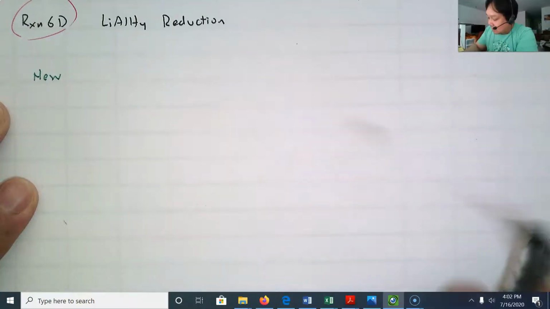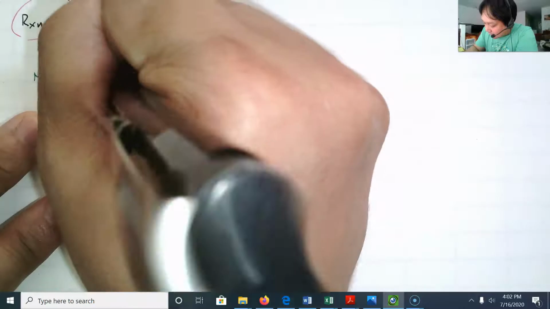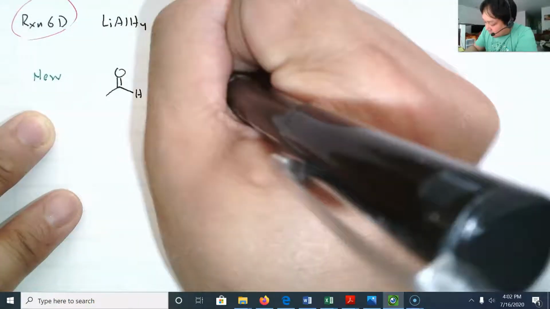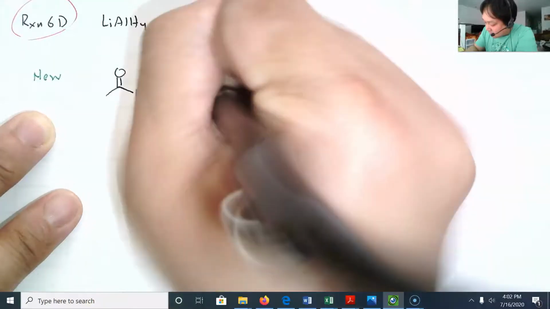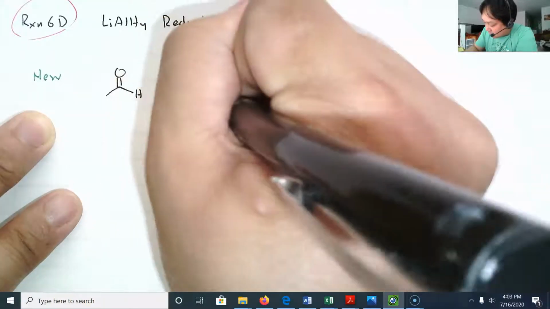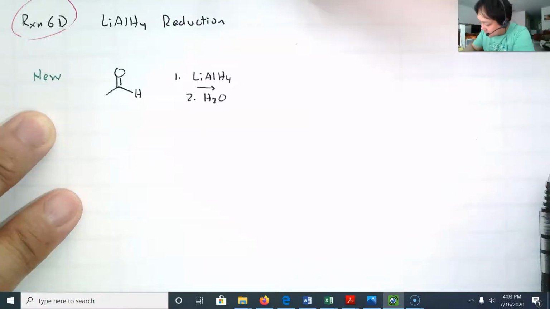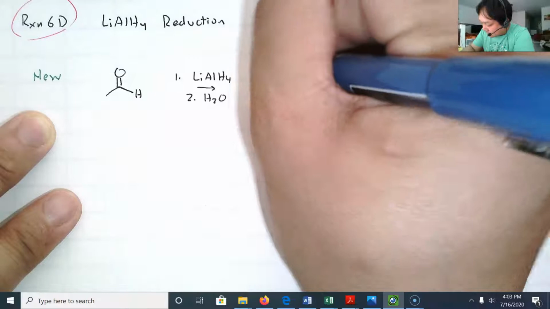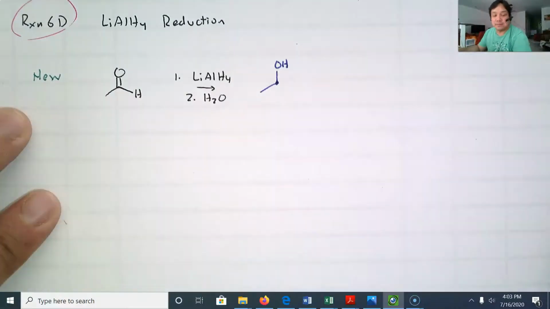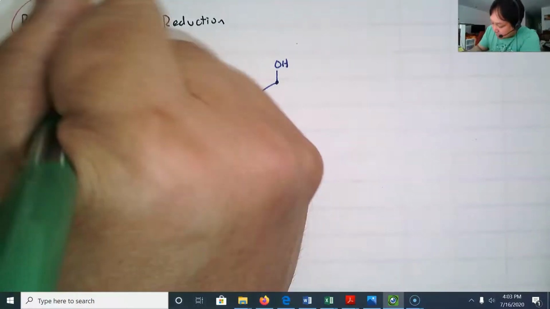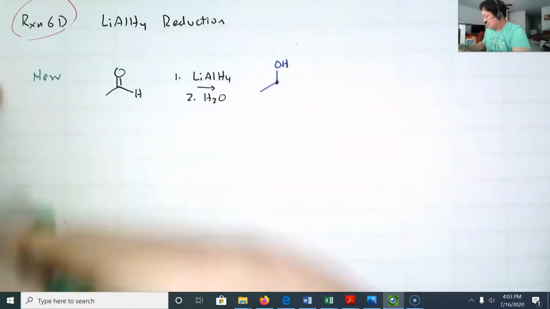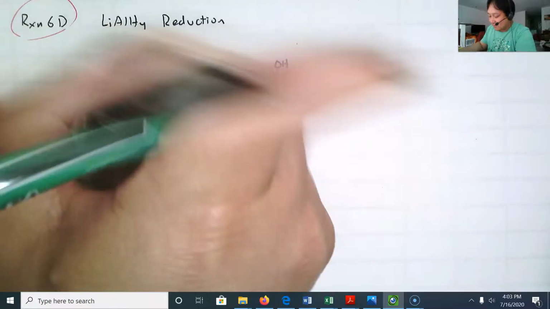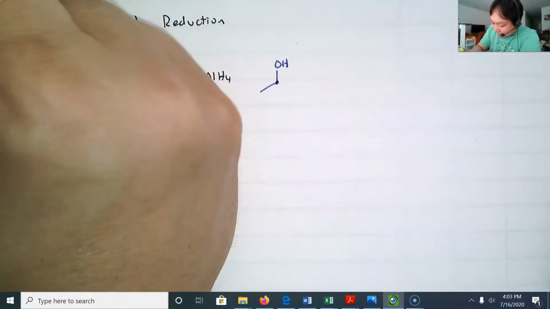It's taken aldehydes and reduced them to alcohols. Here's your dot. Here's your OH. Let's label these. Oh, did I say new? I meant review. Sorry. This is review for sure.